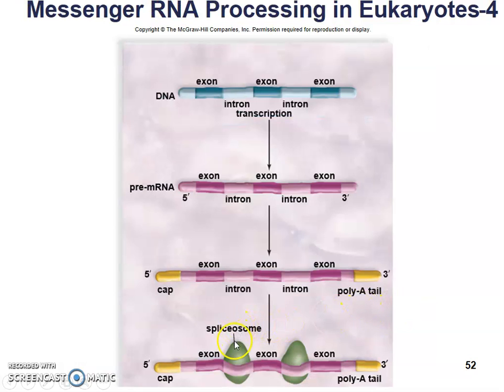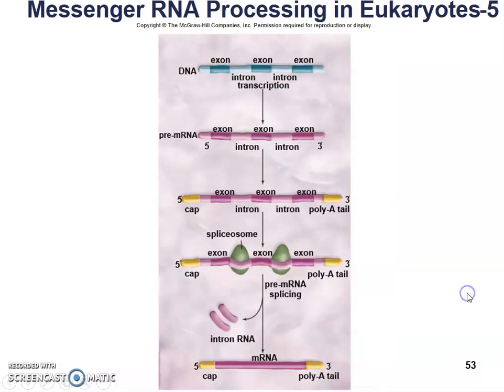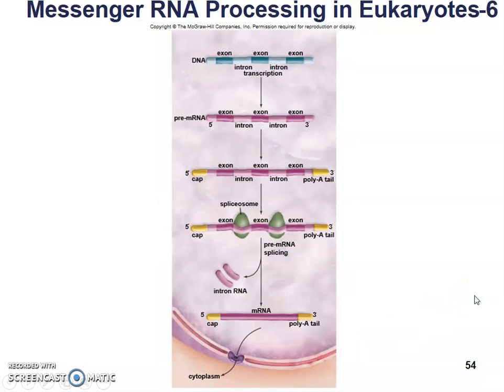And then the spliceosomes come in and they cut out the introns, the unneeded information that is just in the way. The introns are removed, and now we have a functional messenger RNA strand, which can then leave the nucleus, go out into the cytoplasm, and be the directions for making a protein.